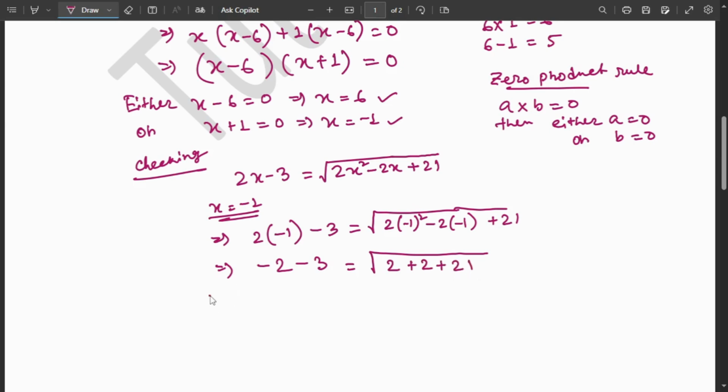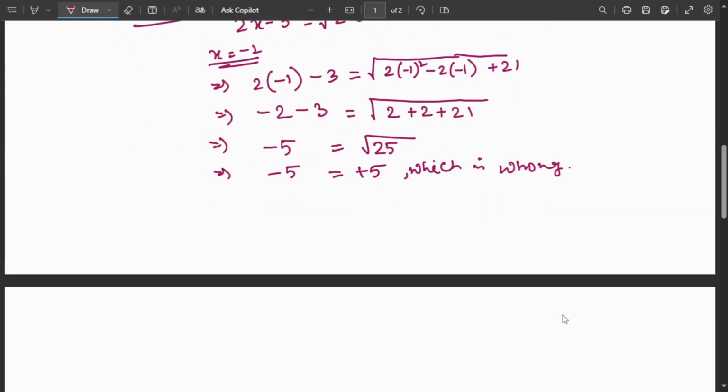So we get minus 5 equals to square root of 25. What is the square root of 25? Minus 5 equals to plus 5, which is wrong. Minus 5 does not equal plus 5.